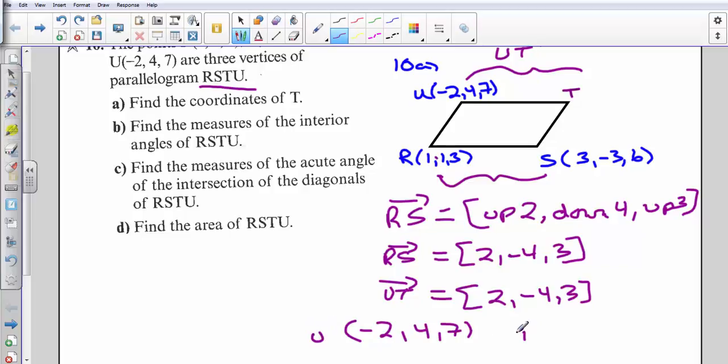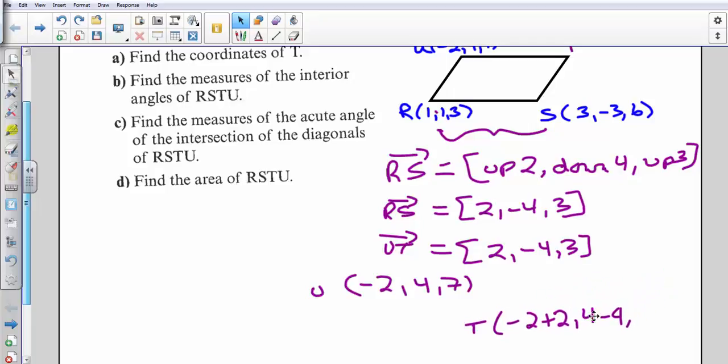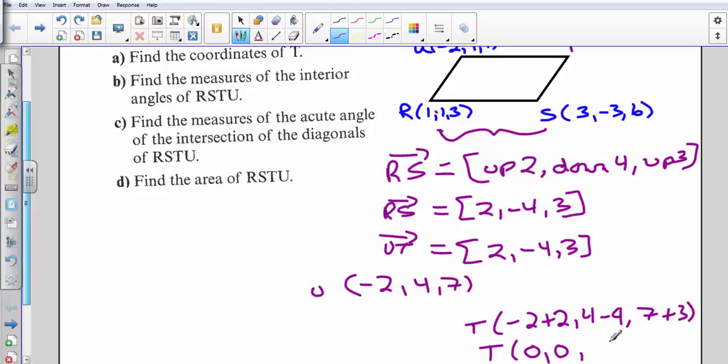That's the point U. The point T will be this increased by 2, this decreased by 4, and of course I didn't give myself enough room. And the 7 increased by 3. And so our coordinates of T will be 0, 0, and positive 10.